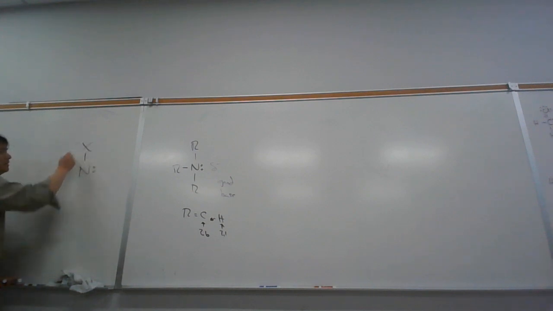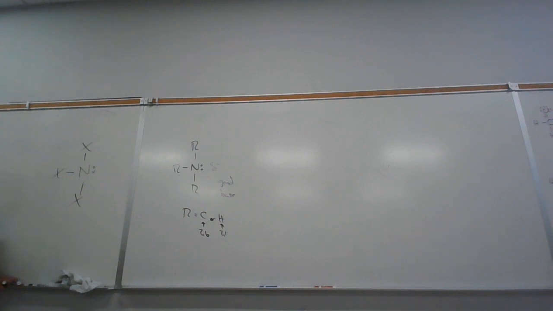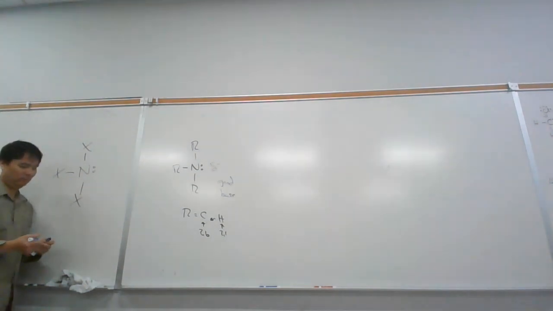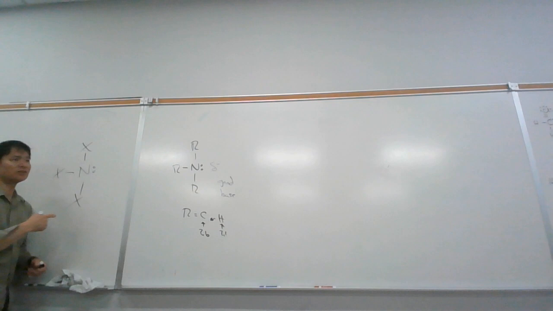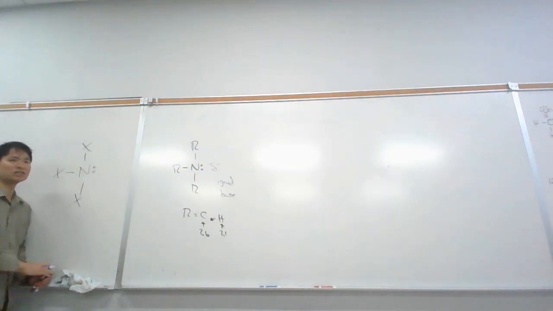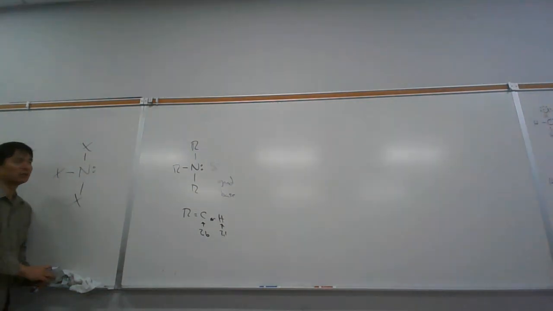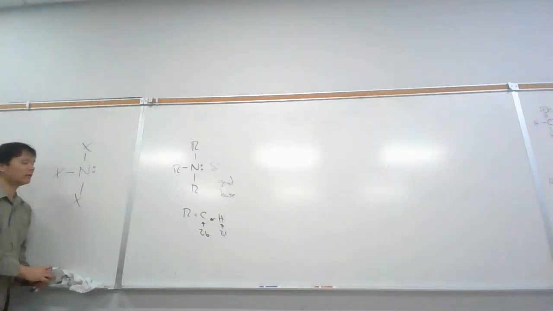X. X is a halo substituent or halogen substituent. This is not a good base. What's more electronegative typically? Well, nitrogen is the second most electronegative. But if you put a halogen on here, then it changes things. Let's say X is fluorine, how does it change it?